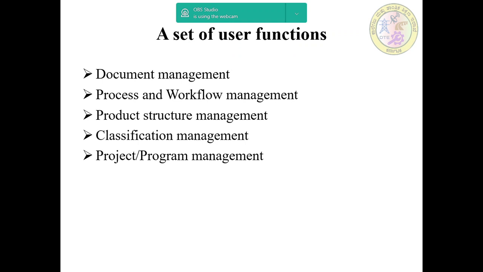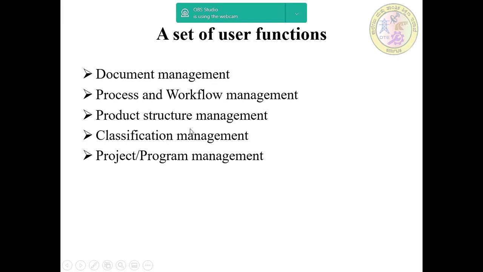Next we'll go for the second one, the set of user functions. Here user functions are divided into the following categories: document management, process and workflow management, product structure management, classification management, project or program management.